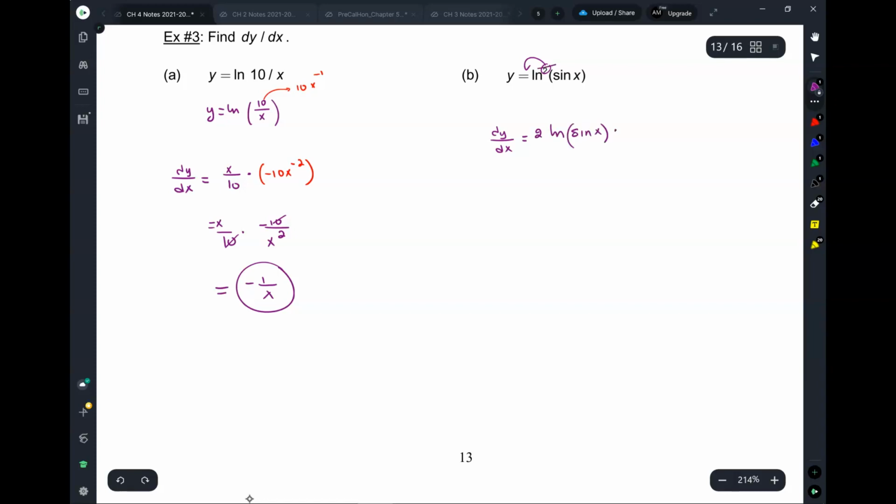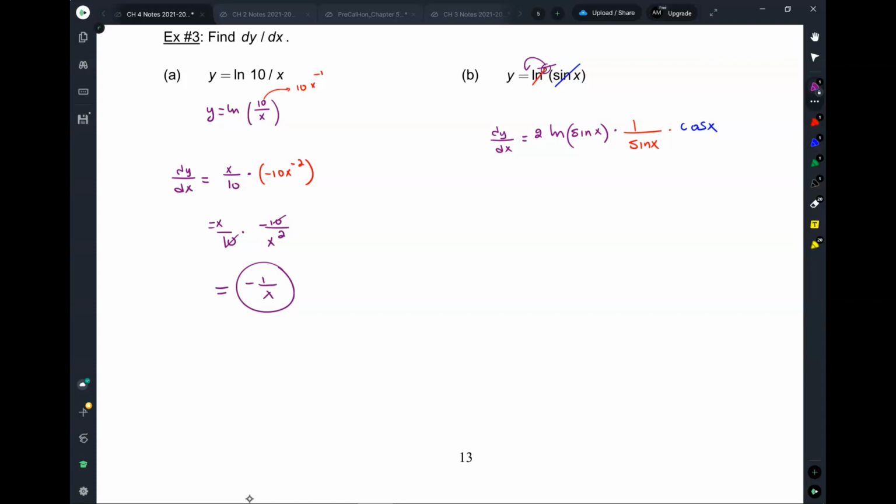Next, what's next? ln. The derivative of ln is 1 over the something, so 1 over sine x times the derivative of sine x, which is cosine x. Times 1, because there's an x there. Good.